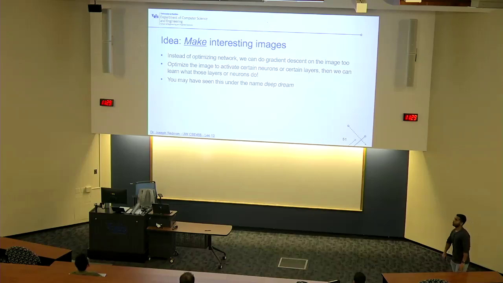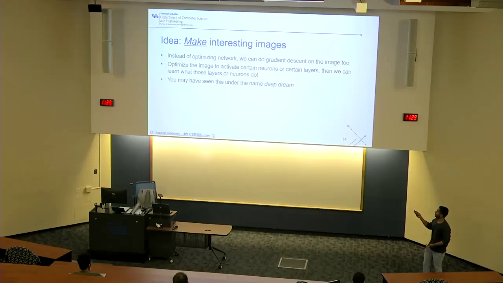So when you think of what this means, you can tell a model to show us its internal representation of what maximizes the class dog, then you would do this.